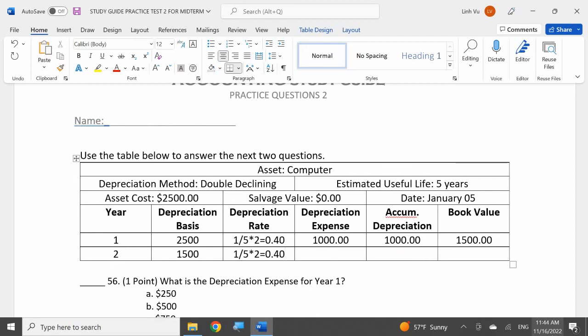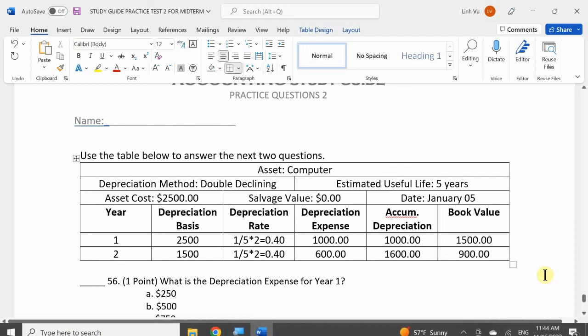So what is 40% of 1,500? 40% of 1,500 will give you $600. So therefore, you're going to have a total accumulated of $1,600. If I subtract that out of my asset cost, that should leave me with $900 left.